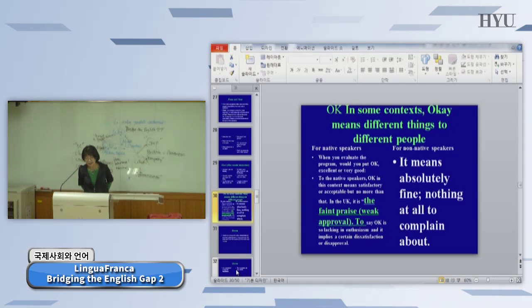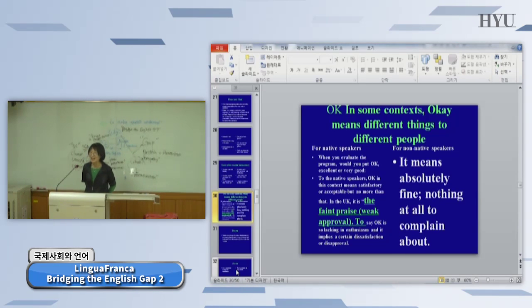To native speakers, okay in this context means satisfactory or acceptable, but no more than that. In the UK, it is a faint phrase, weak approval. To say okay is so lacking in enthusiasm and implies a certain dissatisfaction or disapproval.